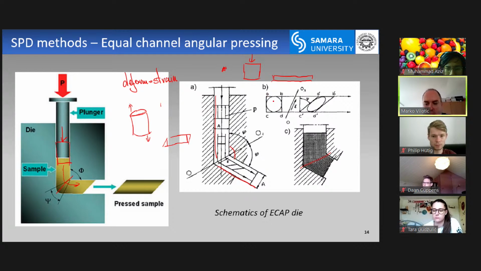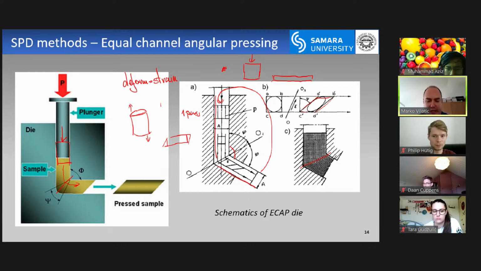Here it shows schematically: if you have squares or circles, once the material passes this plane, it will be skewed, and it means that it underwent certain deformation. What is the good thing? We call this one pass, right? You can take the sample and just reinsert it again, and press it again and again, as much as you want.